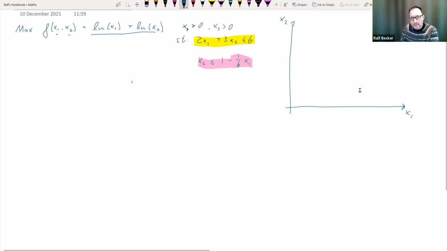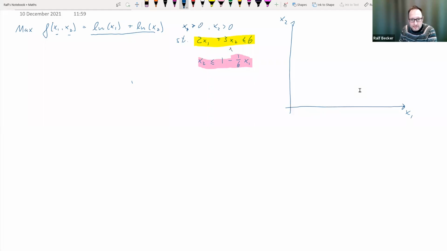So let's reformulate that first constraint in a form where we can immediately see what the linear constraint looks like. We do that by bringing the x2 term on one side. So we subtract 2x1 from both sides of the inequality. So we are getting 3x2 is smaller or equal to 6 minus 2x1. And then we divide by 3.